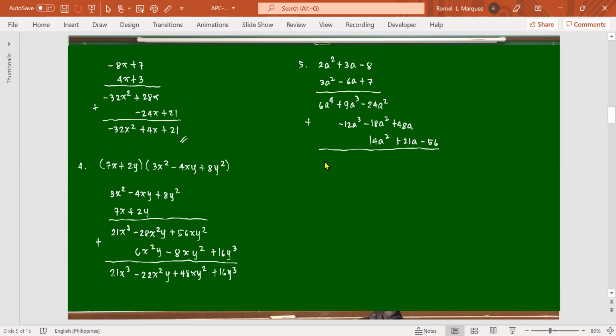This is what, guys? 6a to the fourth, negative 3a cubed, negative 24, and these two, negative 4 and negative 24, negative 28.